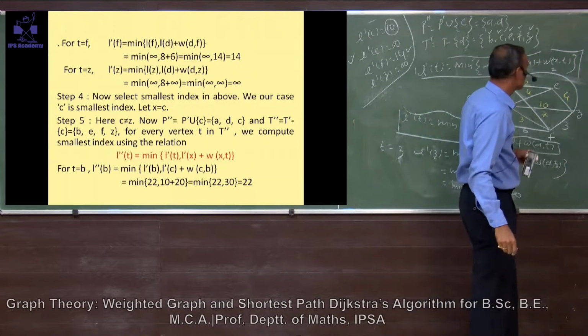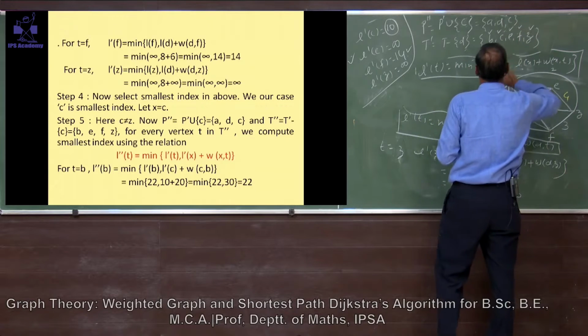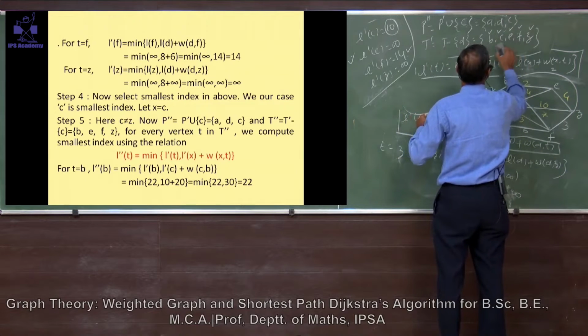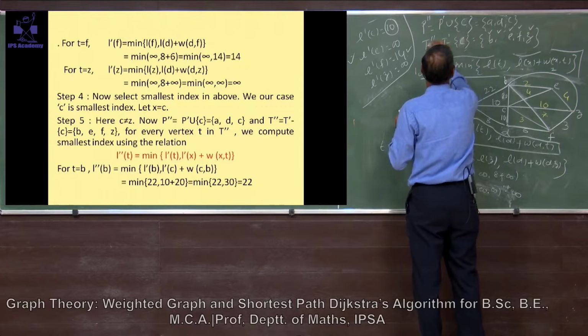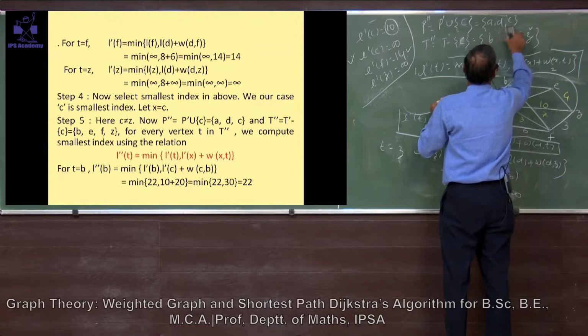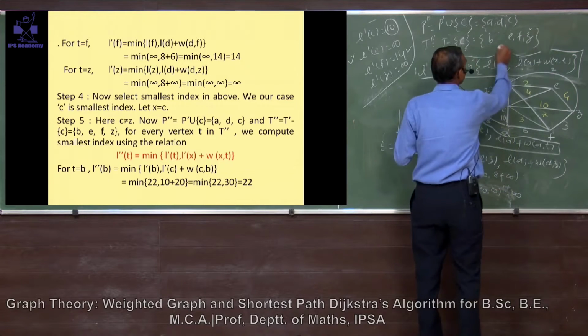So our path is A comma D comma C. We are increasing our path, and we remove C from T dash. We get T double dash, and the elements of T double dash will be B comma E comma F comma Z.